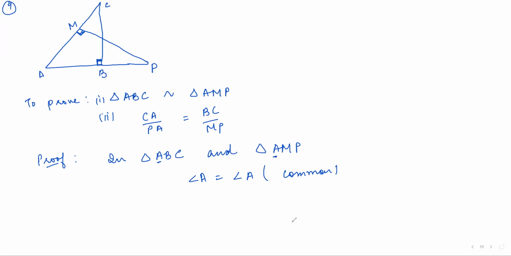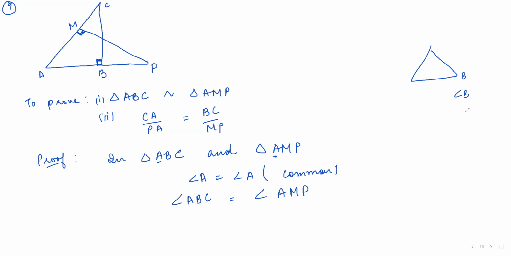Yes, Sarah. Yes, so angle B is equal to angle M, and they both are 90 degrees. Yes, but I cannot write it as B because this is not the vertex of the triangle. So I can write angle ABC is equal to angle AMP like this, not angle M. If you have a corner angle, then you can write it as angle B, no problem.